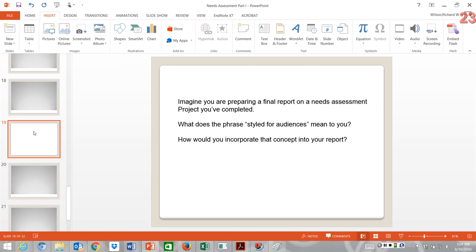So styled for audiences might include concerns about readability. Is there a level of health literacy in the population you're serving that would demand some special measures be taken so that any kind of information, whether it's electronic or printed, is disseminated in a way that is accessible to people? People can read and comprehend.